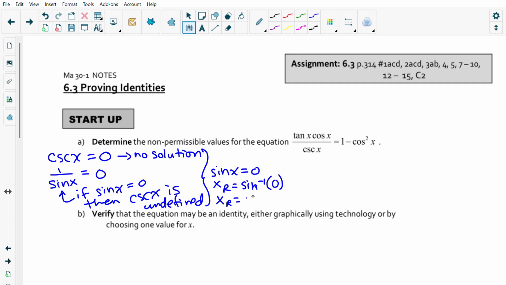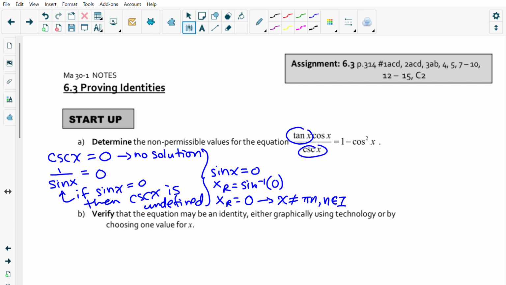So this would be 0. And so the restriction on x I get from here is x cannot equal pi n, where n is an element of all integers. Okay, so that just comes from the cosecant value.